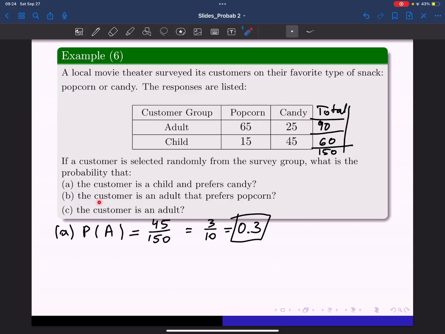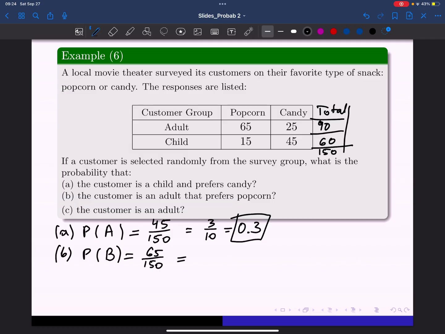For part B, the customer is an adult and prefers popcorn. Adult and popcorn is 65 out of the total surveyed people, which is 150. Let's call the event in part B event B, and we have adult and popcorn as 65 out of 150.